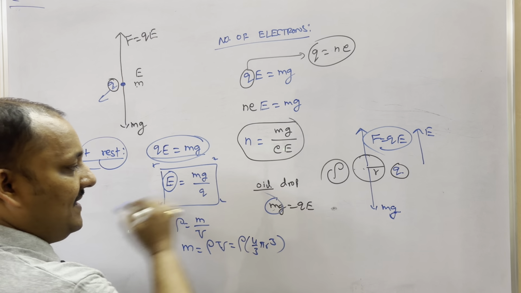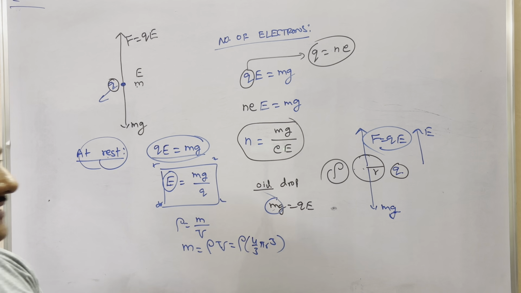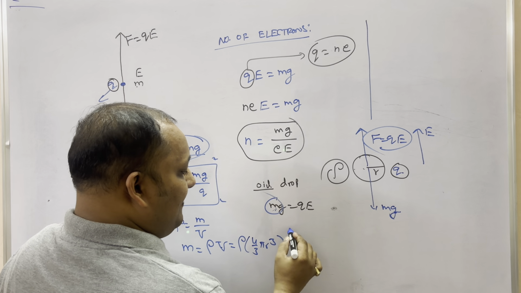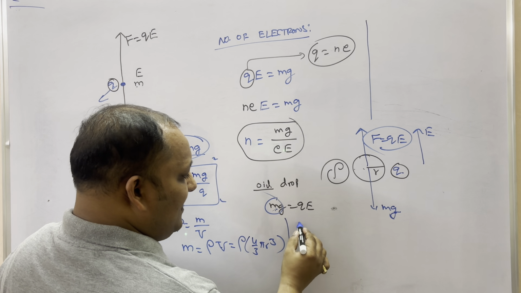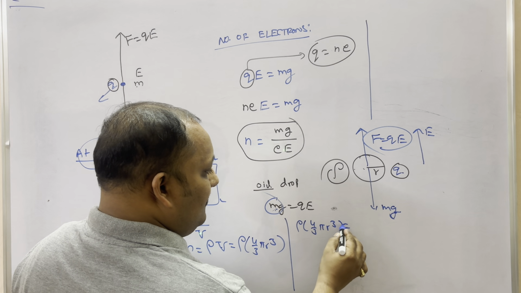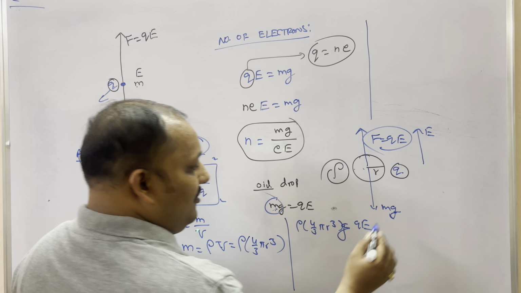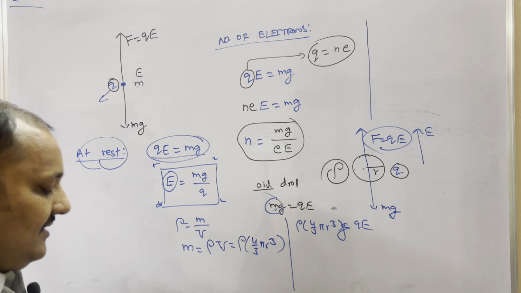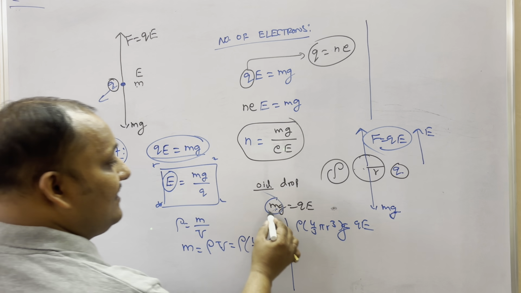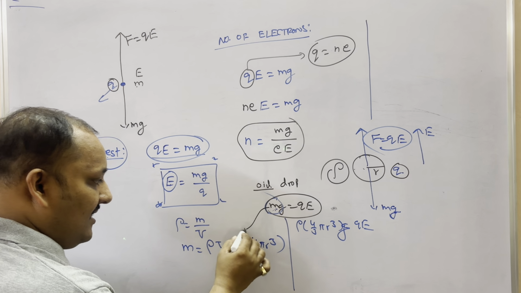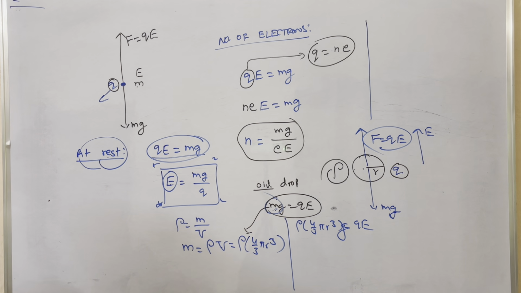So in place of mass we write: rho into 4/3 pi r cube g is equal to QE. You can send the remaining terms to the right side. Just I am showing how to take the equation. mg is going to be equal to QE, and in place of mass you have to write like this.